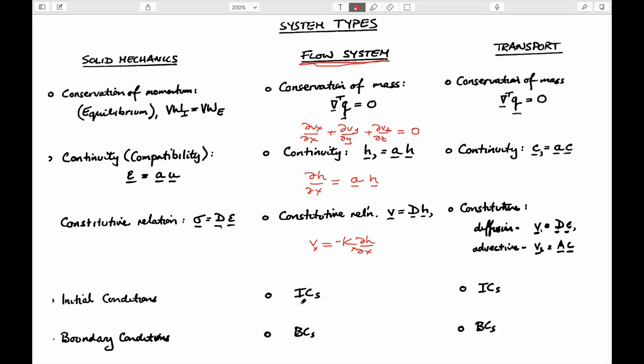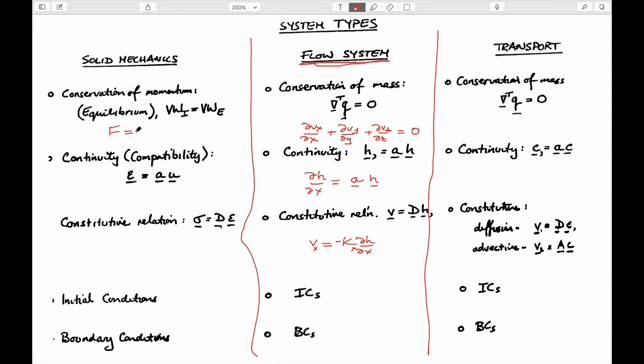And so the reason that we can apply it not only to the system of equations that we've looked at so far, which is just these flow equations, but also to transport and to solid mechanics, is because in each of these other parallel universes, the things we have to solve are the same. The conservation equation of solid mechanics is conservation of momentum, which for the steady state problem is F equals ma.